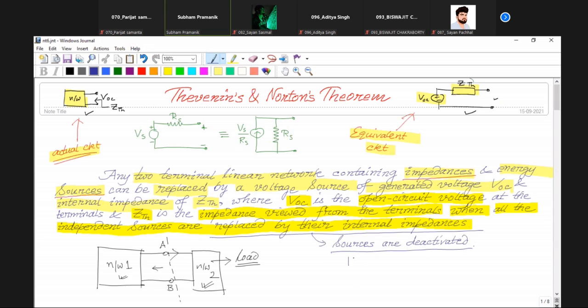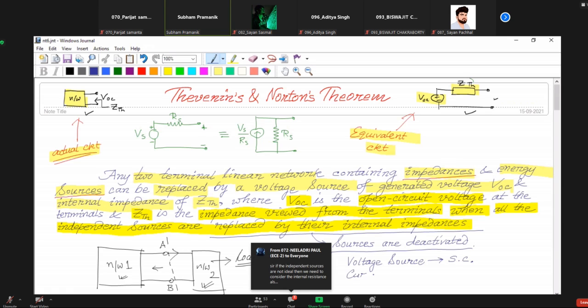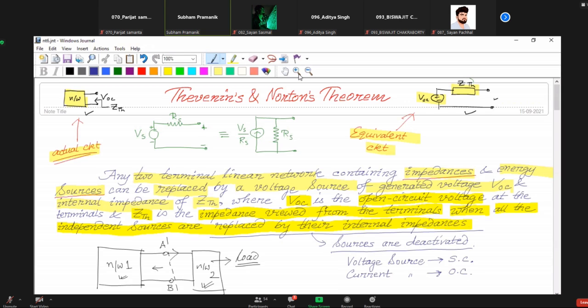Deactivation means if it is a voltage source, then that will be short circuited, and if it is a current source, then it will be open circuit. If the independent sources are not ideal, then you need to consider that, yes, of course.